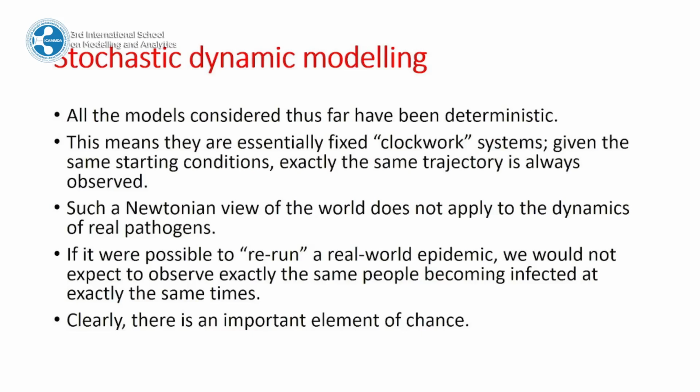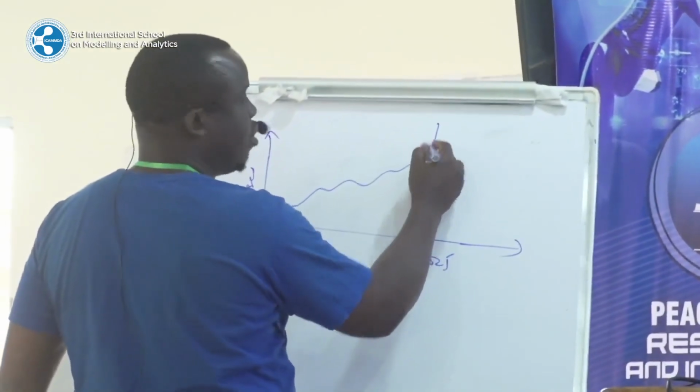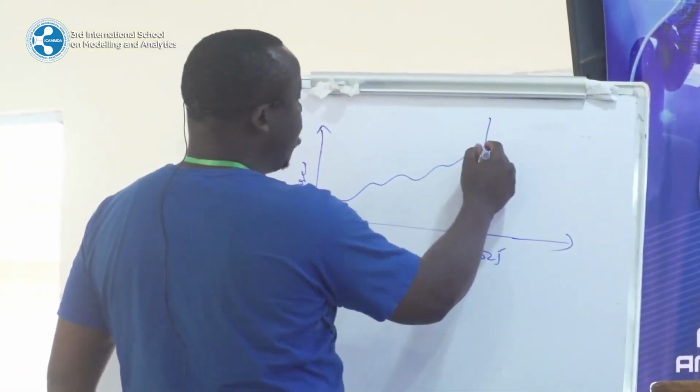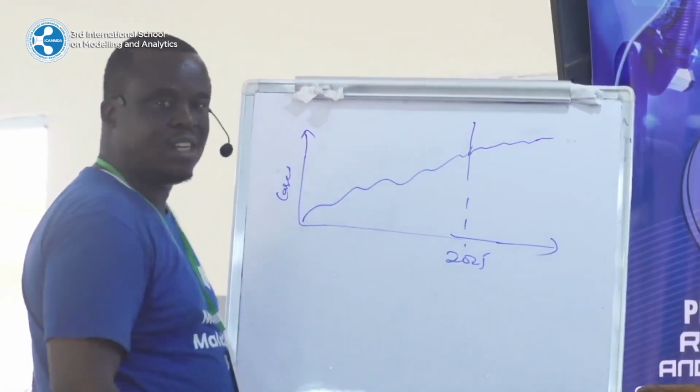If you have the number of cases of malaria or any disease behaving this way over time, up to 2025, and we want to see what is going on from 2025 to 2030, for a deterministic model you are likely to get the same kind of trajectory, which is not really true.